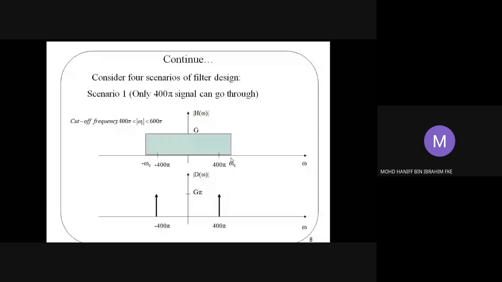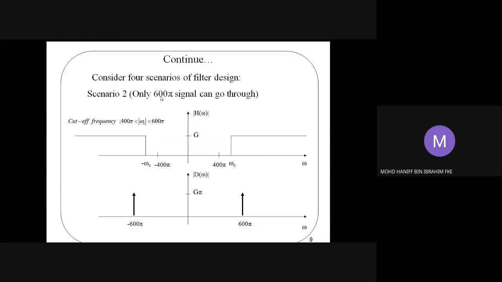But for the second scenario, because we want the 600 pi to pass through the filter, our frequency response is made such that the passband frequencies will always be bigger than omega c. Omega c is located between 400 pi and 600 pi. So in between negative omega c and omega c, from this diagram, the value of the frequency response is 0.